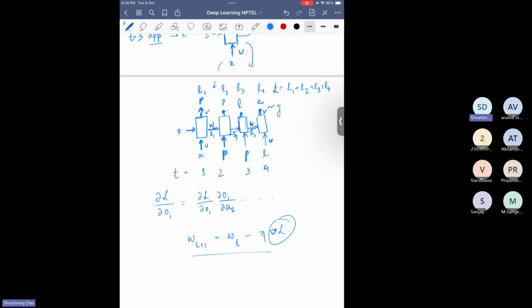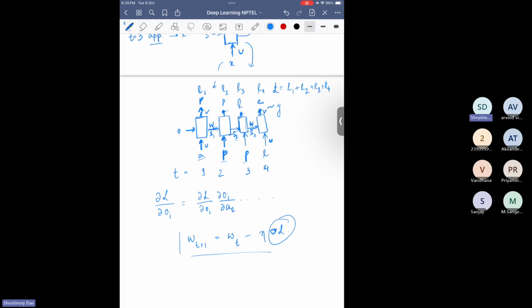Even in this case, you will need to compute this for each of these. One batch is each character. This is one data point, this is one data point, and this is one data point. Same. Then you'll have to compute it with respect to each of these data points, and that is done through backpropagation.